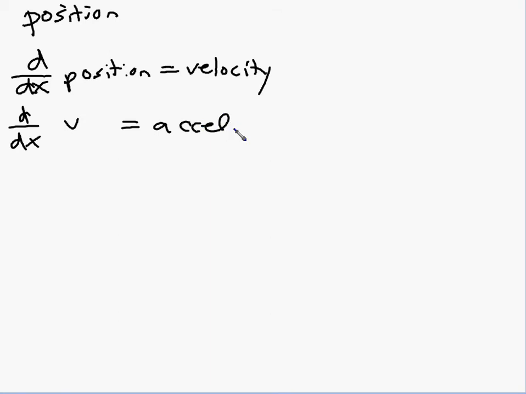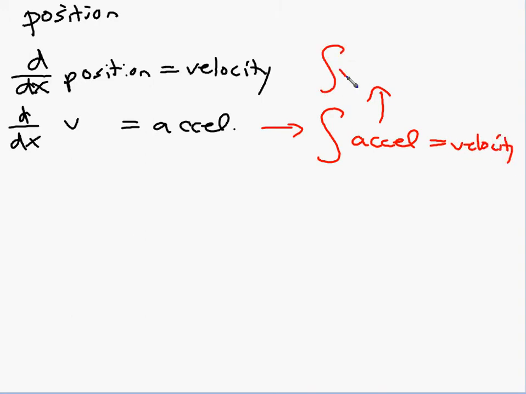Now that we know what an integral is, and we know it's the idea of an antiderivative, it makes sense that by the same token, if I integrate acceleration, we can start working back up this way. If I integrate acceleration, I'm going to get velocity. And if I integrate velocity, I'm going to get position.